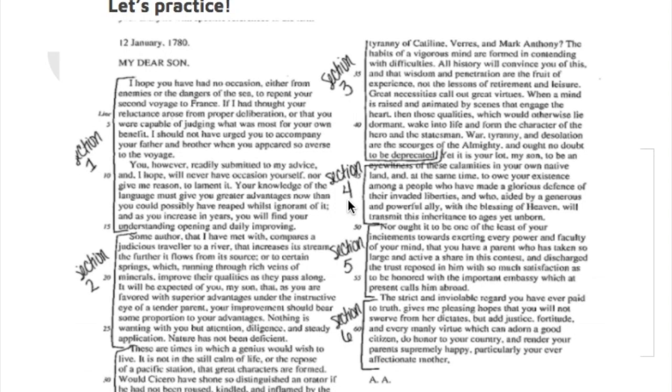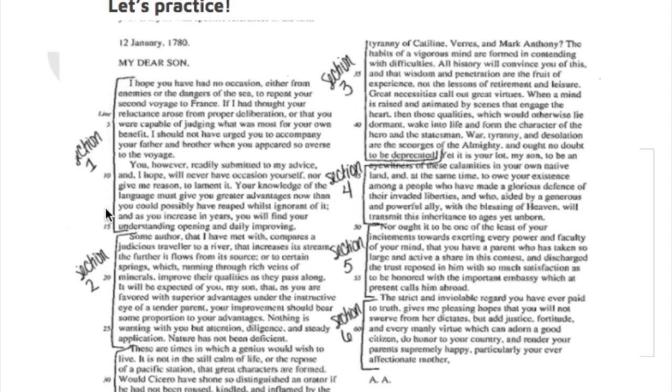Okay, now let's practice that idea of shifts with something that you already know the sections of, Abigail Adams' letter to her son. Let's take a look at that to get an idea of what kind of shift is happening and where that shift is occurring in the passage.